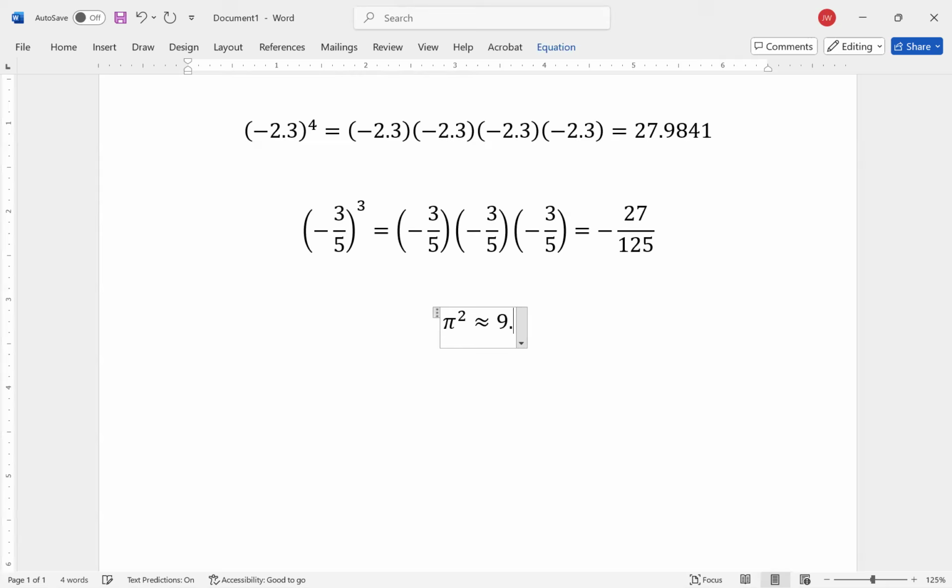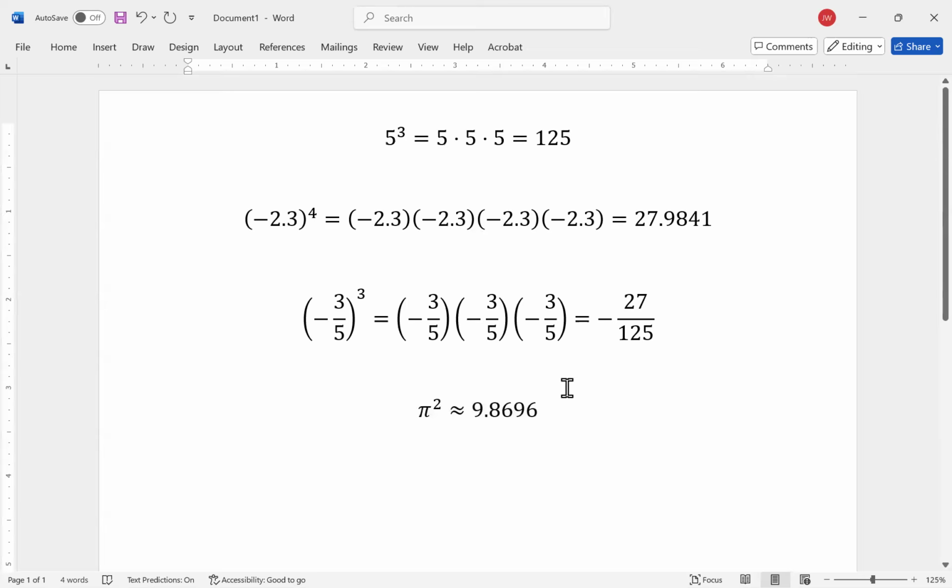That comes out to about 9.8696, and it keeps going on and on and on. There I'm rounding to 4 decimal places, but you could round to 2 or 3 or 4 or 5 decimal places, depending on what the question asks. But there you go. Hopefully you know how to type in exponents into your calculator and how to do repeated multiplication with your calculator.